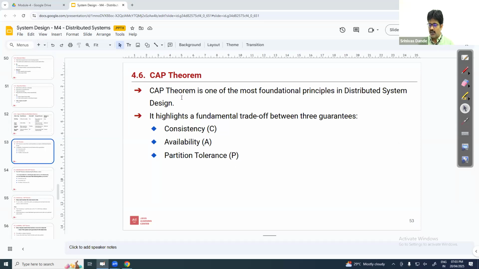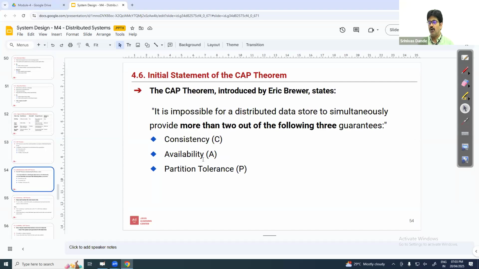So we start with the CAP theorem, which provides trade-offs between three important guarantees called consistency, availability, and partition tolerance. This CAP theorem was introduced by Eric Brewer, so you can also call it the Brewer theorem. People call it Brewer theorem or CAP theorem.